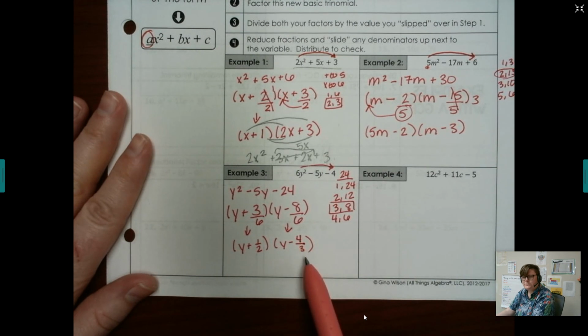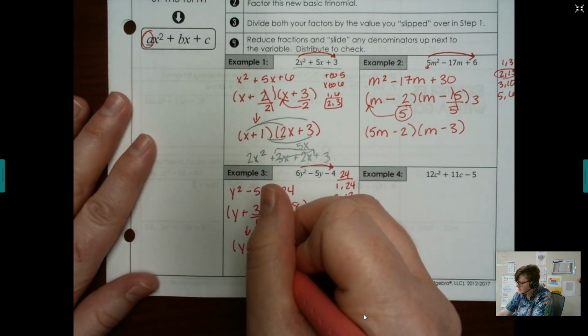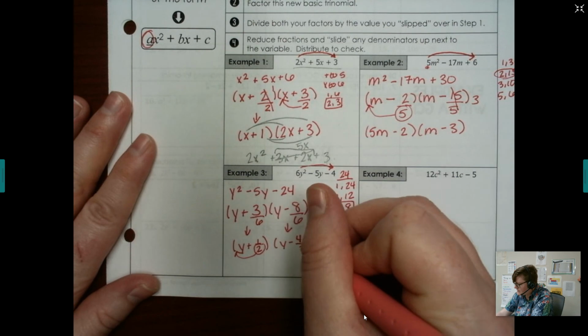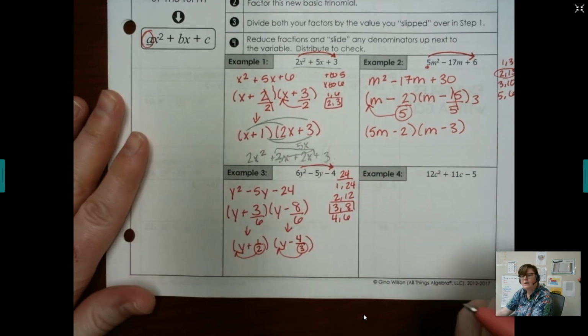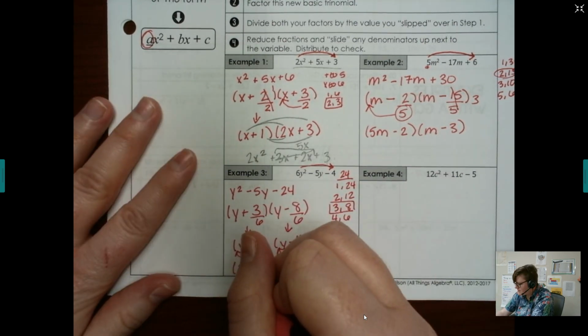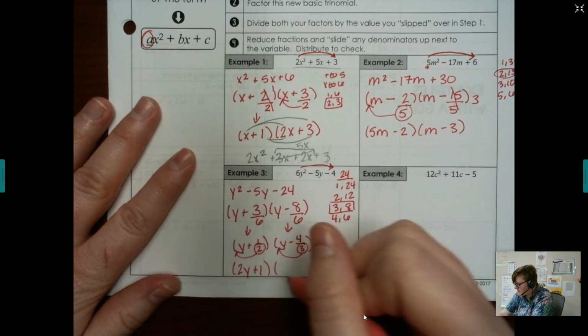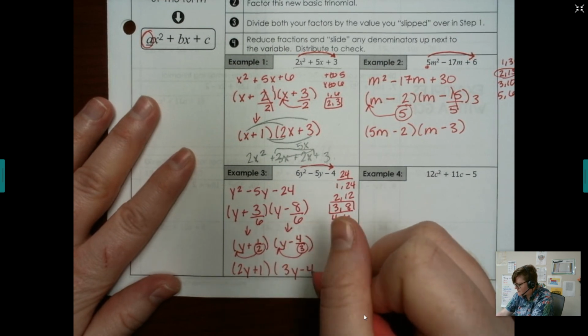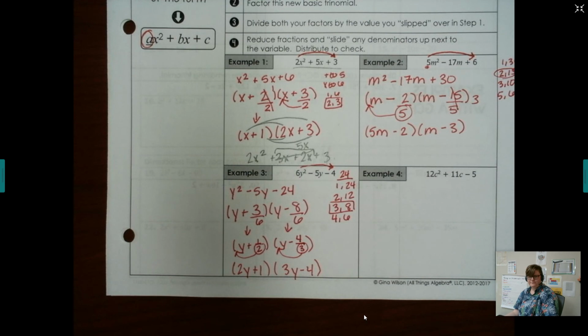So these ones reduce a little, but they still have fractions. So then you're going to bring those denominators up to the front. 2y plus 1, 3y minus 4. And again, check it by multiplying it out if you feel so inclined.